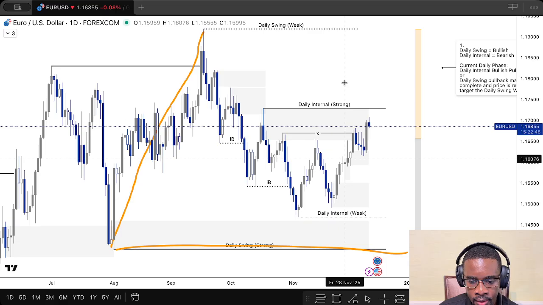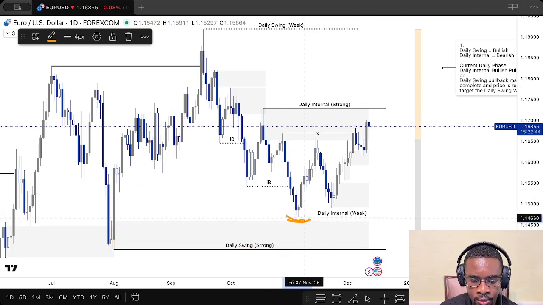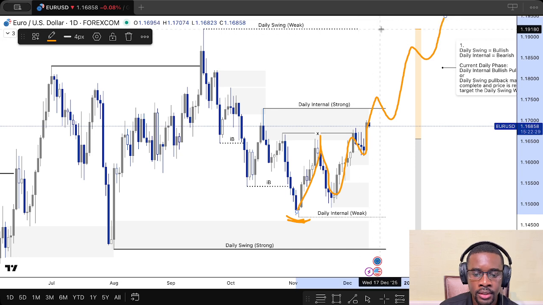However, it looks like this may be the daily internal low already in place. This may be the higher low that is already in place, and now price is ready to push up, targeting this weak swing high.